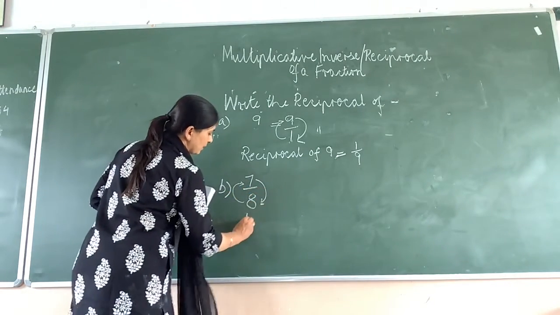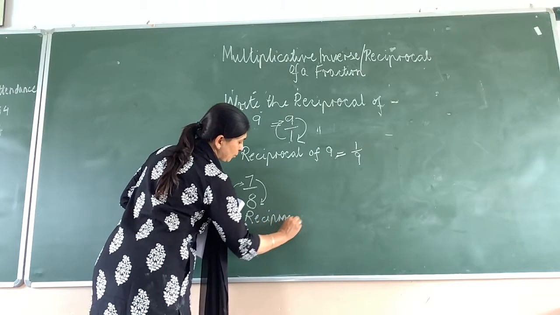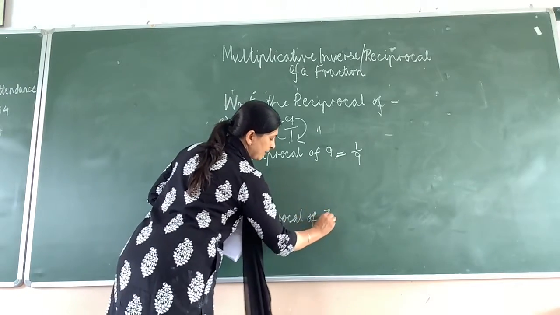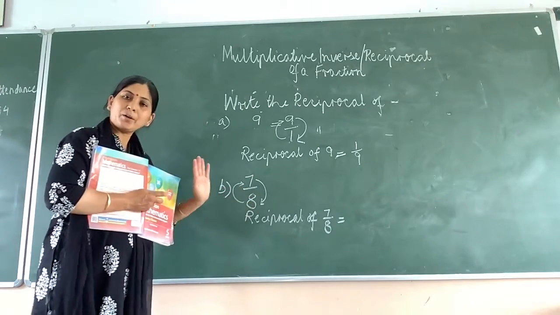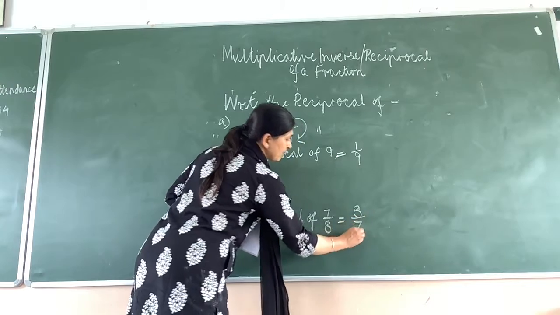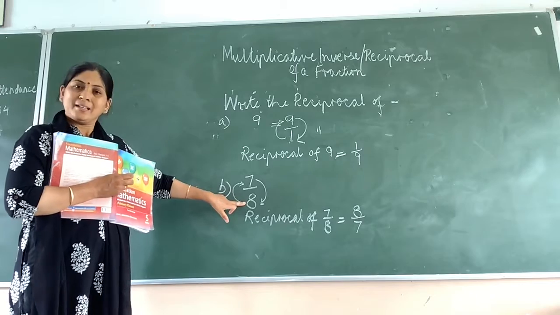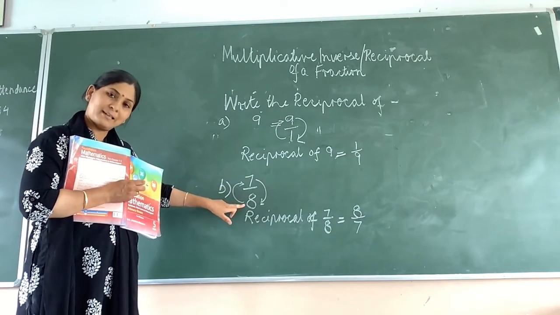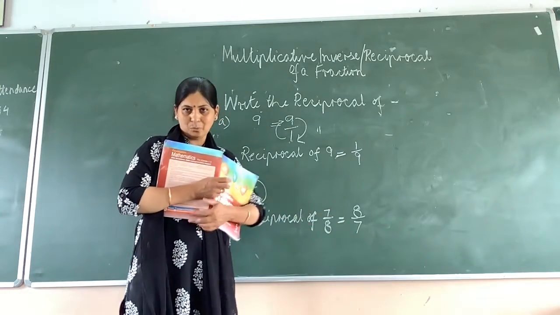So the reciprocal of 7 over 8 will be 8 over 7. Isn't it? So you see, 7 over 8 is a number less than 1, so its reciprocal will be more than 1.